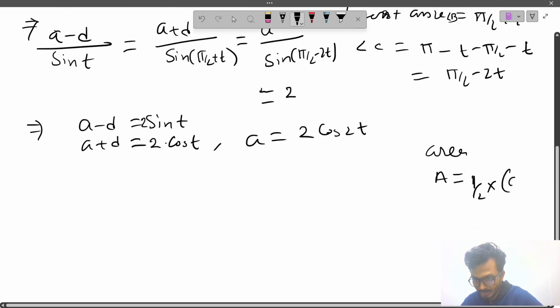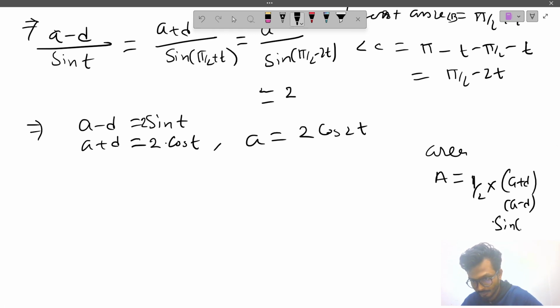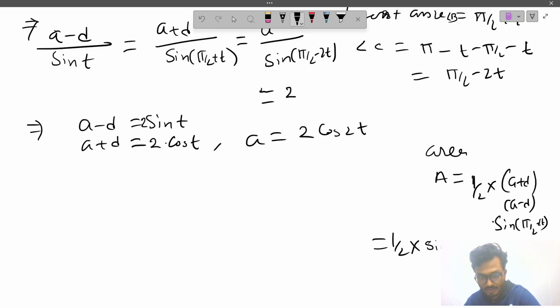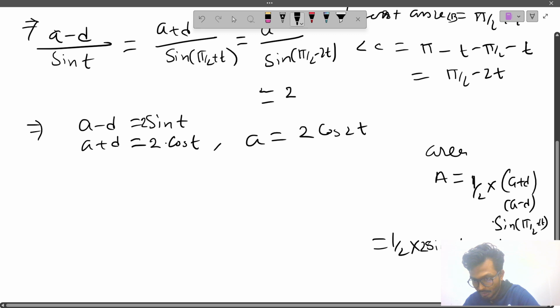So it will be half into (a plus d) into (a minus d) into sine of pi by 2 minus 2t. So this will be half into 2 sine t into 2 cos t into cos 2t.